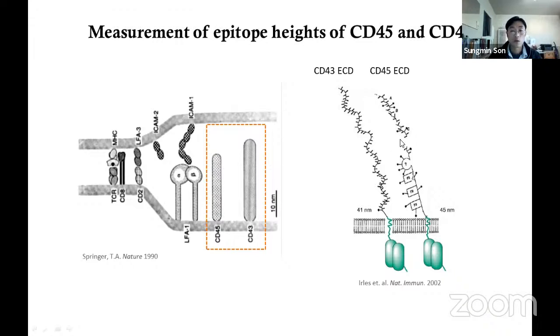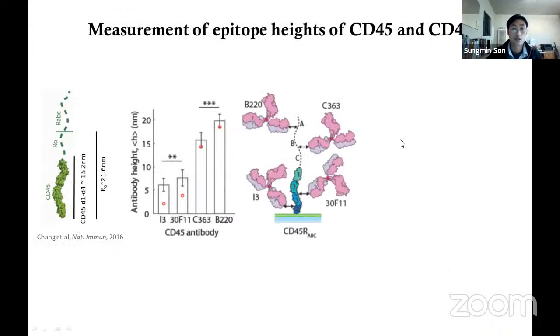Okay, so I decided to use many commercially available antibodies against the CD45 proteins and try to measure the average location of these antibody epitopes. So this antibody has an isoform preference, or isoform specificity.